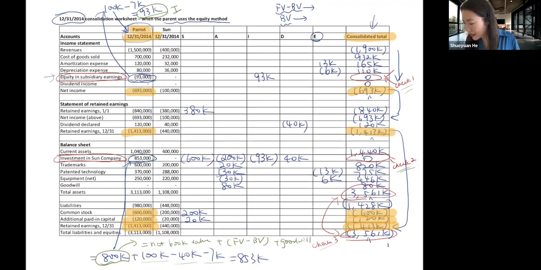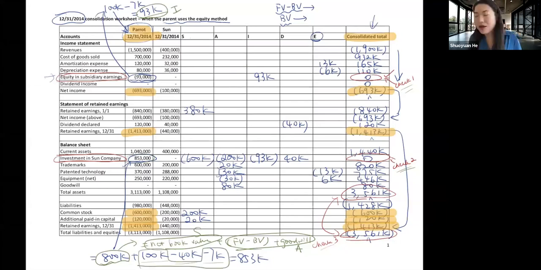And then if you look at it, your net book value is reversed by consolidation entry S. The difference between fair and book value and the goodwill is reversed by consolidation entry A. And this current year net income minus amortization is reversed by consolidation entry I. And finally, this 40,000 dividend is reversed by consolidation entry D. So that's why after the consolidation process, your investment account should go to zero.